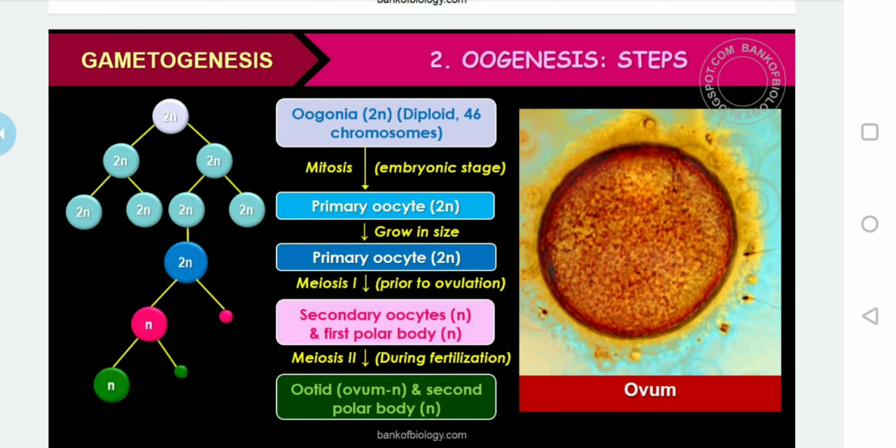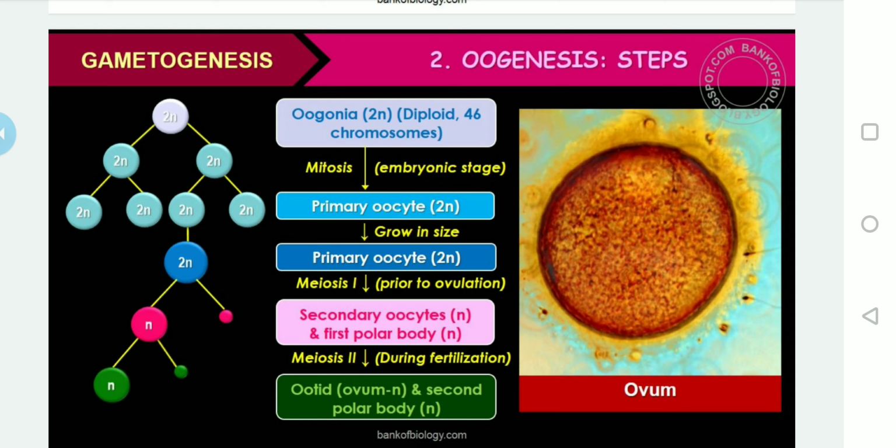That means 2 unequal sized haploid cells are formed. Because of this process, a large secondary oocyte and a small polar body form. So the polar body will be smaller and the secondary oocyte will be larger.